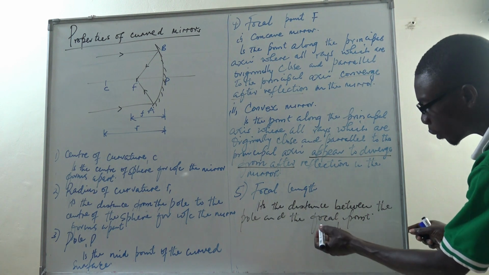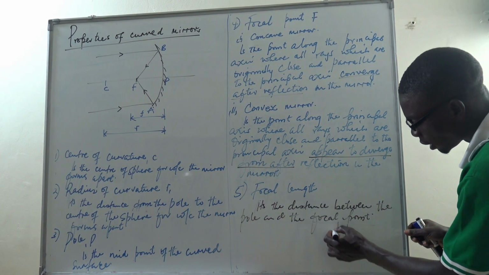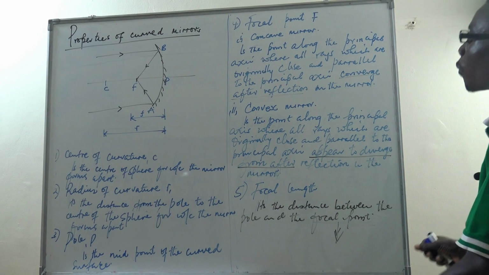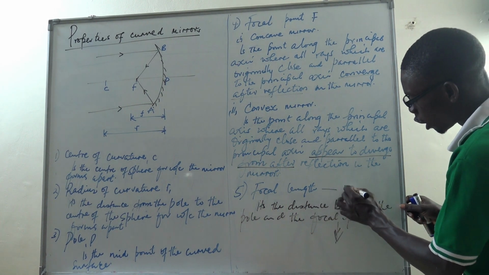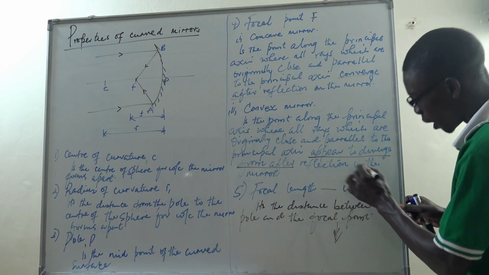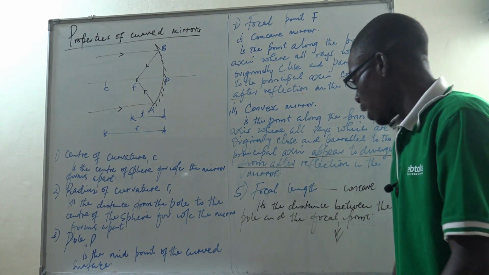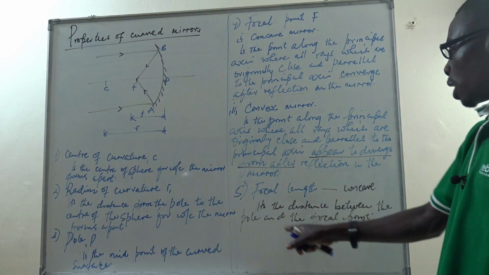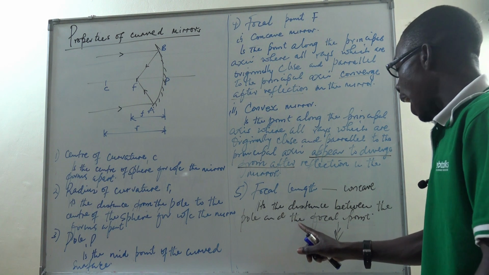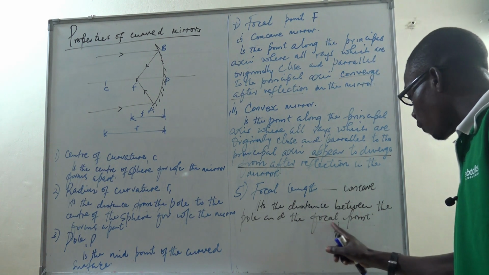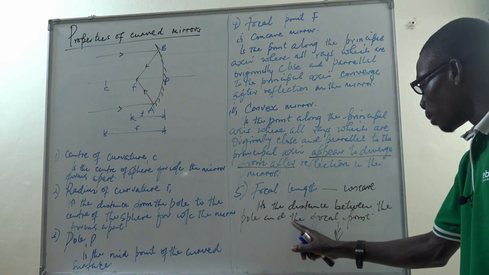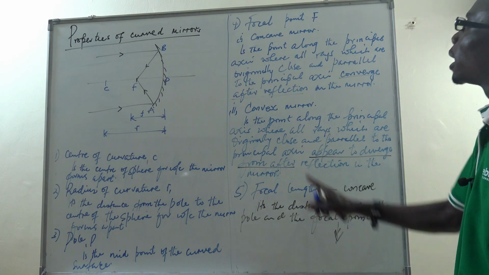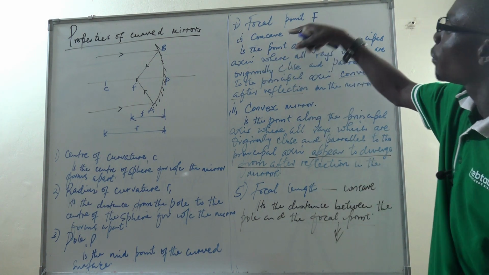That is when you want to mention this, if they say define focal length for a specific mirror like concave. Is that okay? So if they say define for concave, you say it is the distance between the pole and the, instead of saying the focal point, you bring the definition of the focal point if it is a concave mirror.